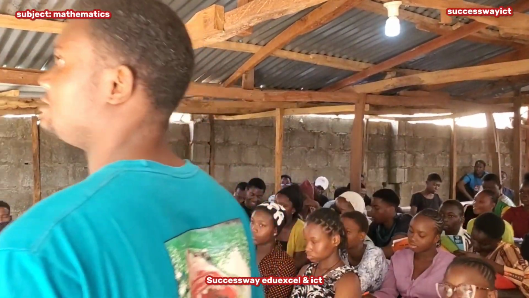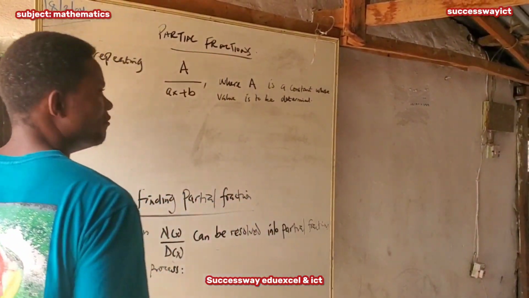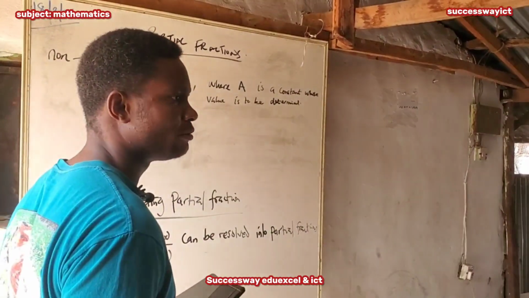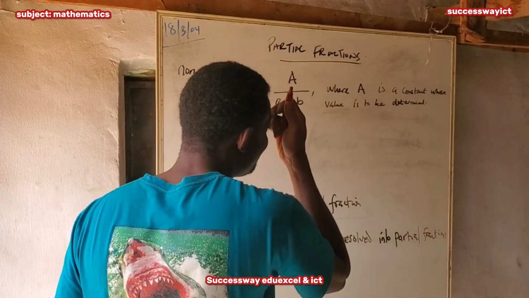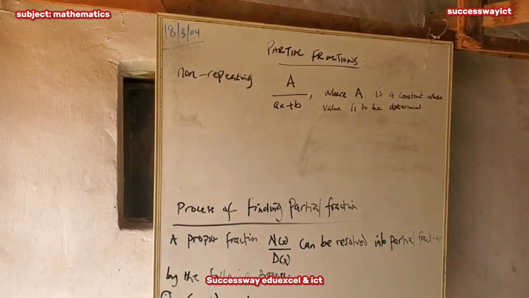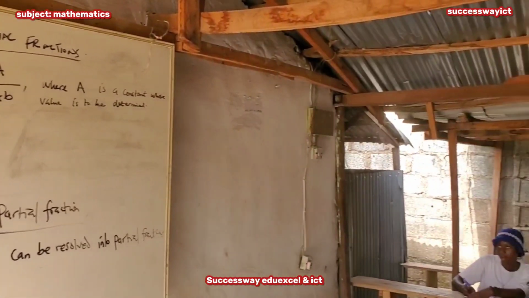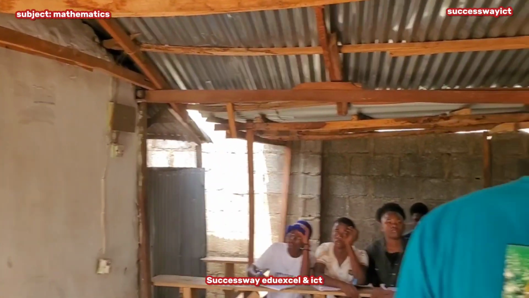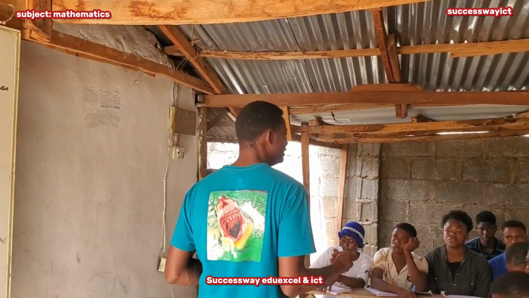What this means is, for instance, look up. When you are given a proper fraction, and the partial fraction is to be determined, if the denominator is of a linear function or a linear map.